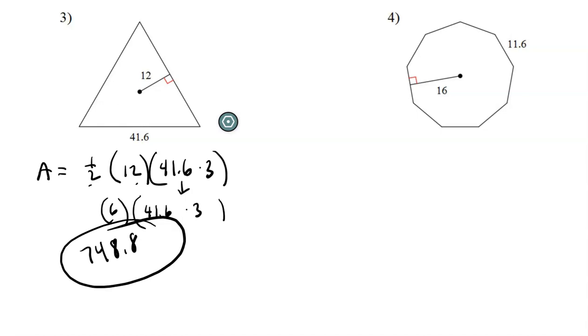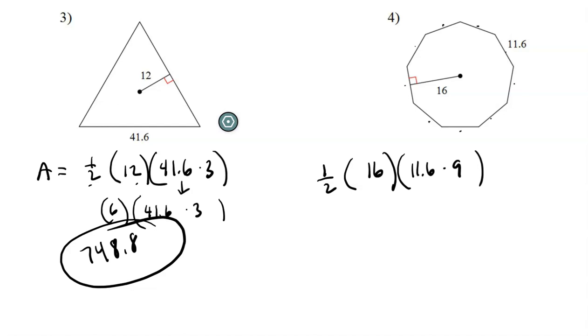All right, number 8. Looks like we got, oh, this one's a big one. Looks like 9 sides maybe. I don't know, 1, 2, 3, 4, 5, 6, 7, 8, 9 sides. All right, so we have a nonagon. So 1/2 times apothem times perimeter is 11.6 times 9 sides this time.